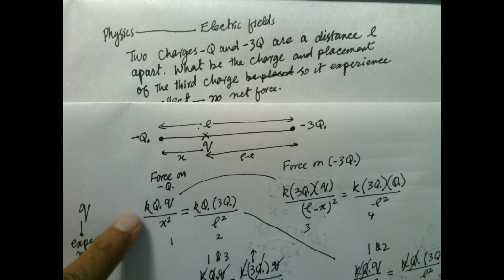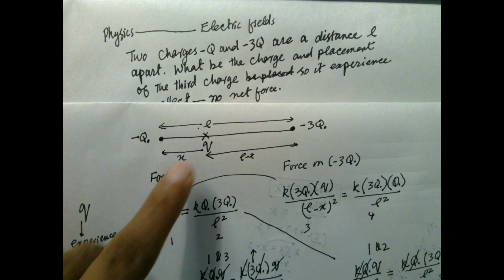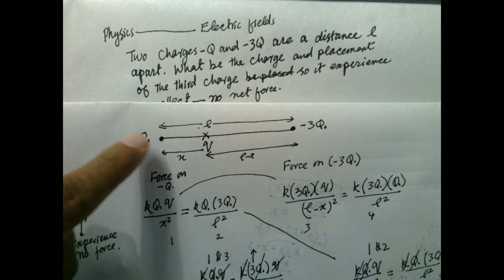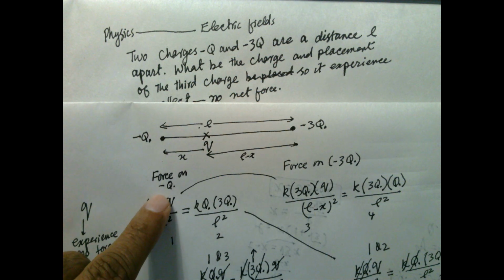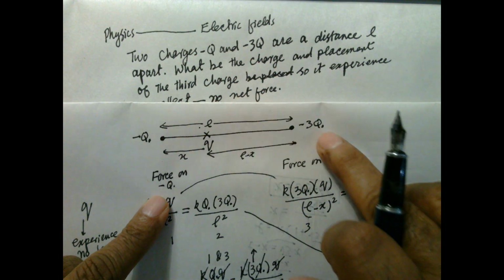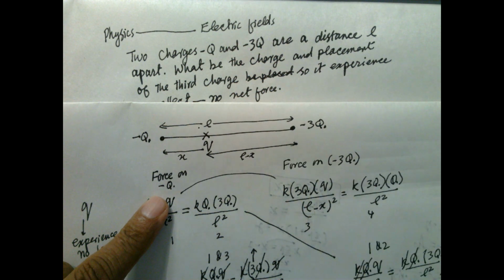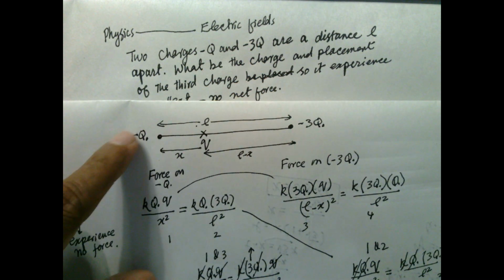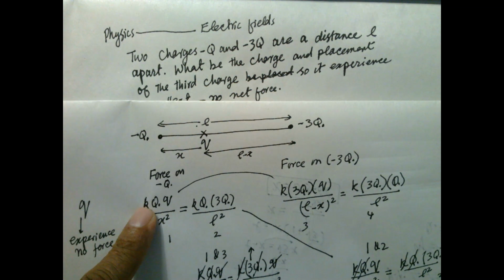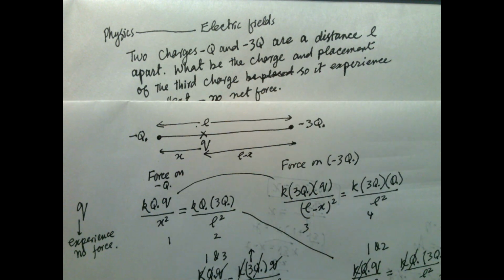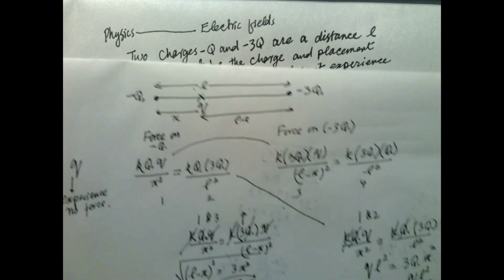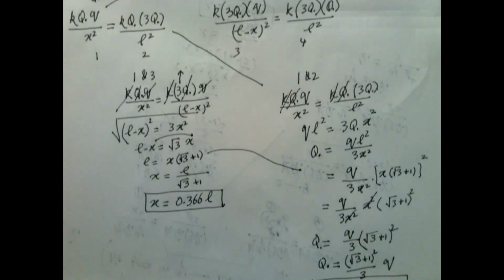And then it experiences no force. So the force on this particle minus q, and the force on the minus 3q: force on the left hand, and then force on the right hand, and then compare. Then we will be able to solve this equation correctly.